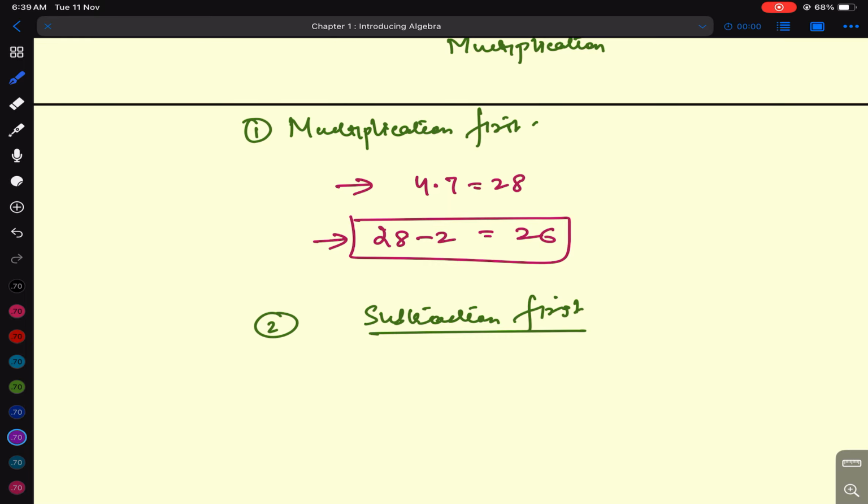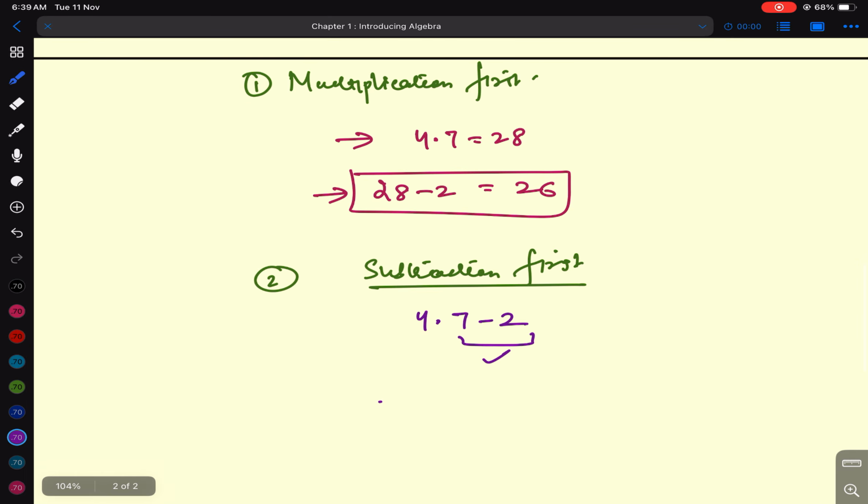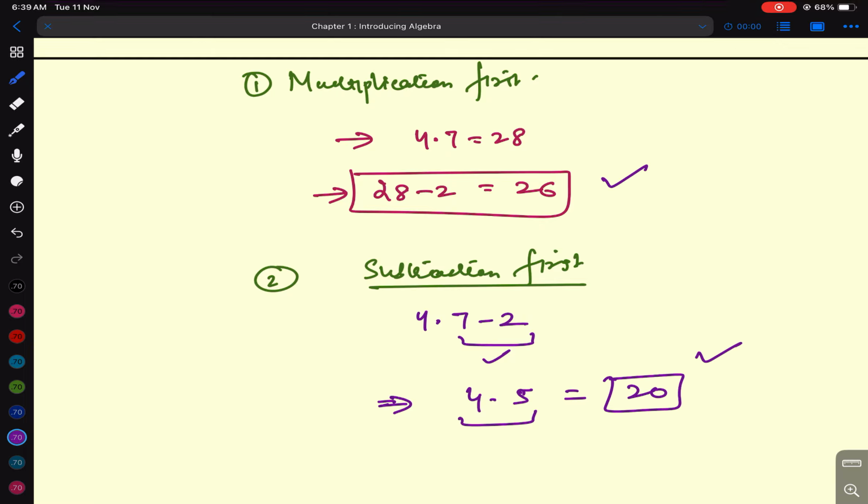Clear? When I say the subtraction is going to be first, that means we subtract 2 from the 7, and whatever result comes up gets multiplied with 4. So 7 minus 2 is 5, which when multiplied with the 4 gives us 20. Now you can see that the first answer, 26, is different from the 20, right?